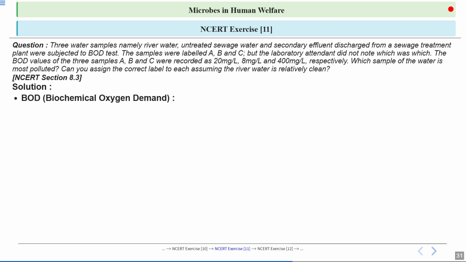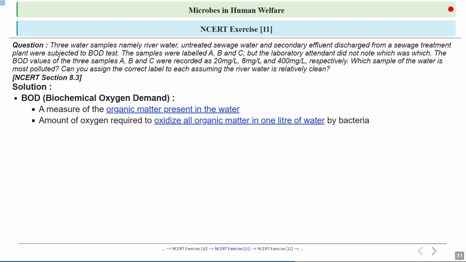Let's have a look at the answers. Let's talk about biological oxygen demand or biochemical oxygen demand. What is BOD? It is a measure of the organic matter present in the water. The amount of oxygen required for oxidizing all the organic matter in 1 liter of water by bacteria is known as BOD.